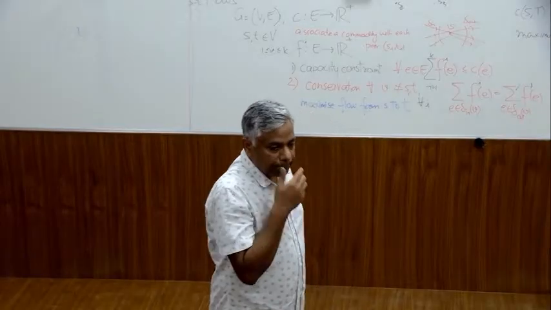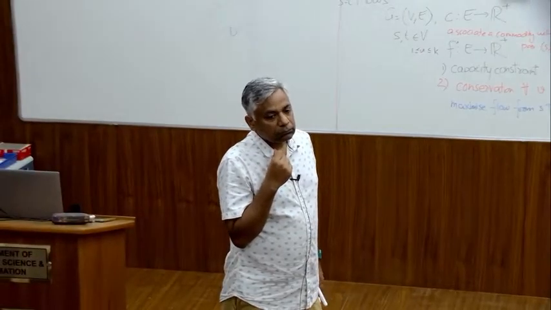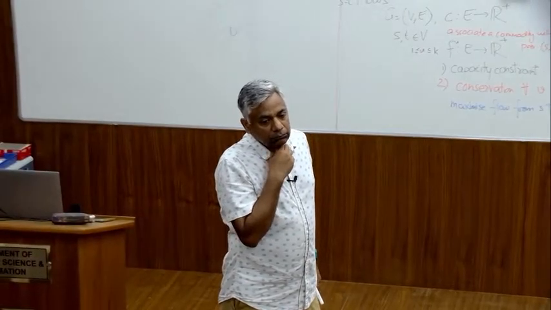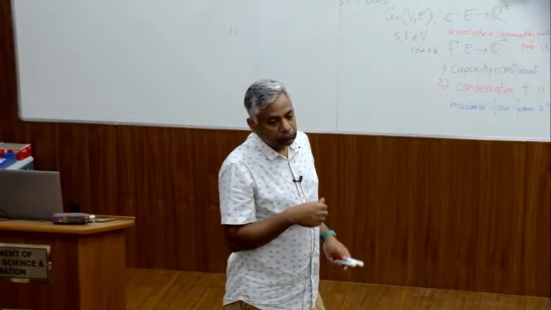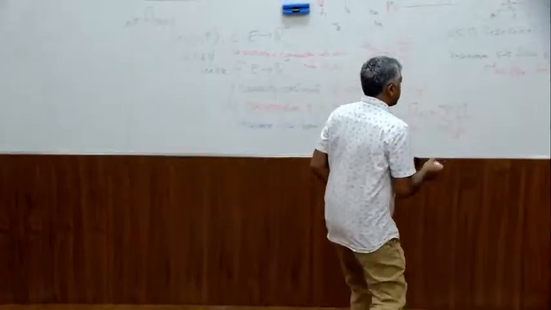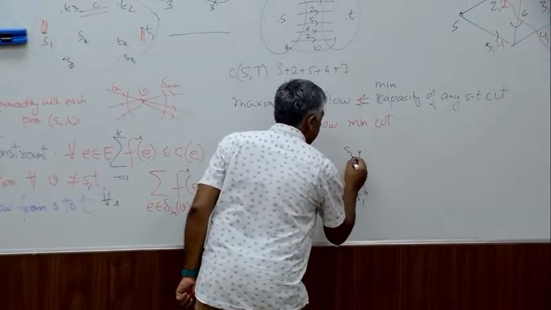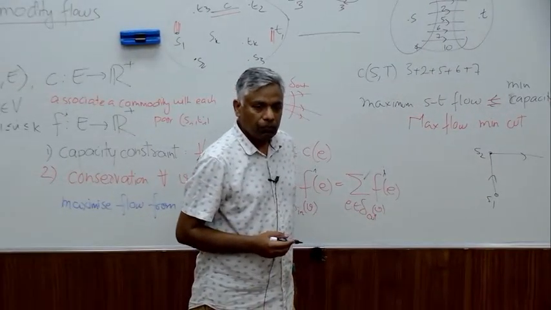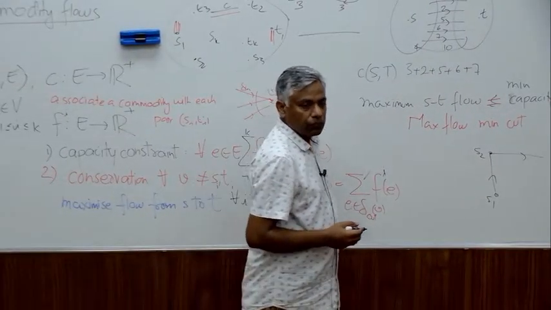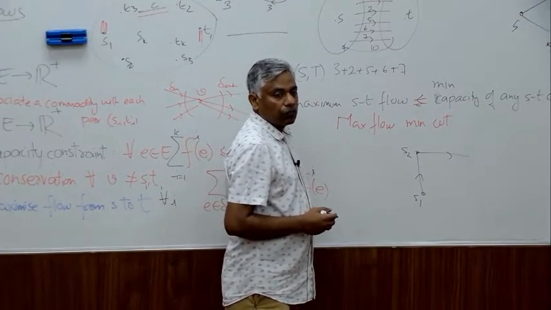If there is an edge between S1 and S2, how do you say whether some commodity starts from S1 or S2? If flow is going from S1 to S2 and then going somewhere else, you can equivalently say, just remove that edge between S1 and S2, and now you are just pumping more out from S2.